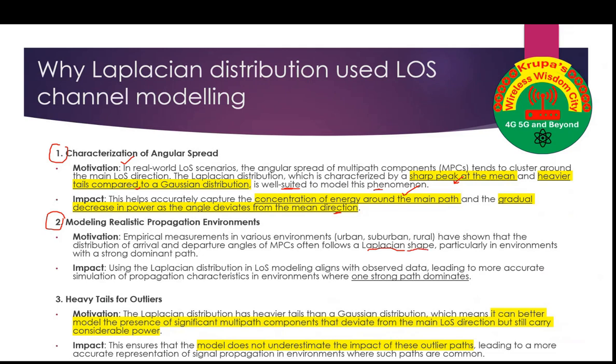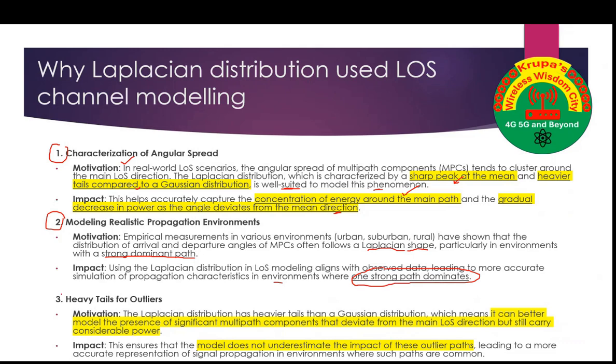This is very, very important, particularly in environments with a strong dominant path, that is your LOS path. Using the Laplacian distribution, LOS modeling aligns with the observed data, leading to more accurate simulation of propagation characteristics in environments where one strong path dominates.